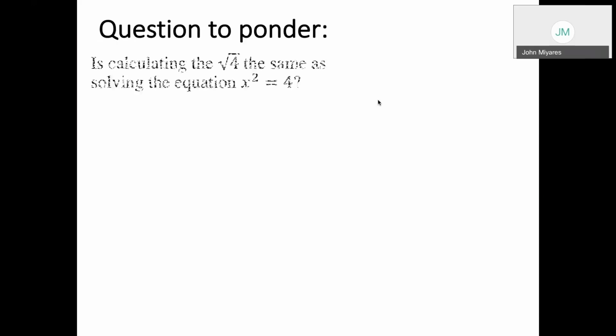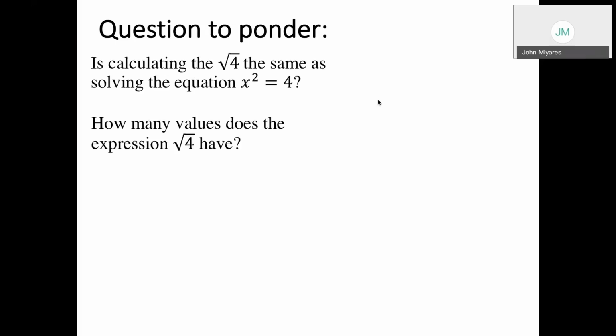Before we can begin to solve trigonometric equations, we need to ask ourselves the following question. Is calculating the square root of 4 the same as finding the solutions to the equation x squared equals 4? If you recall, we discussed this idea a bit when we were first looking at inverse functions earlier in this unit.